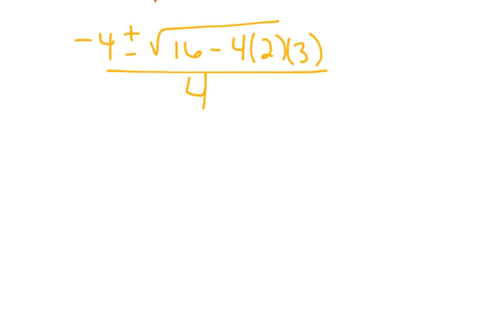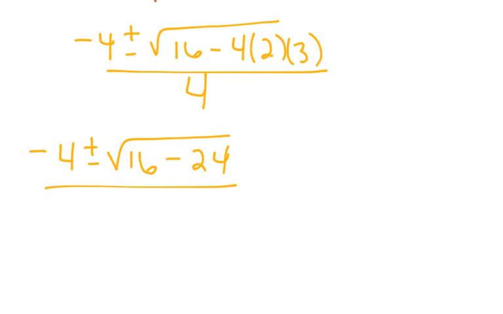Now let's simplify. So we will have negative 4 plus or minus the square root of 16, and now I have a negative 4 times 2, which is a negative 8, negative 8 times 3, which is negative 24. So 16 minus 24 all over 4.